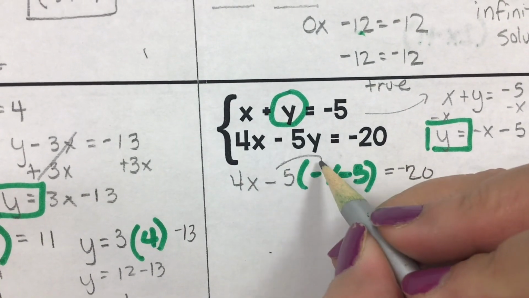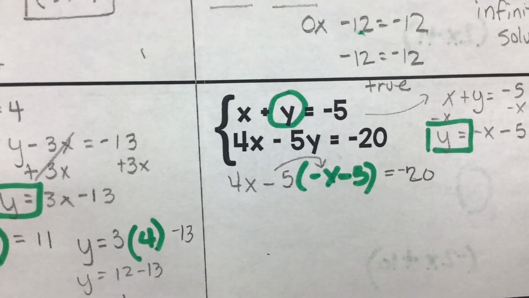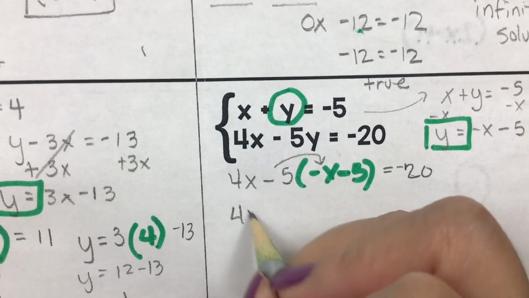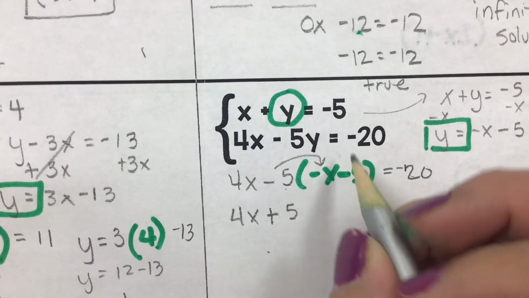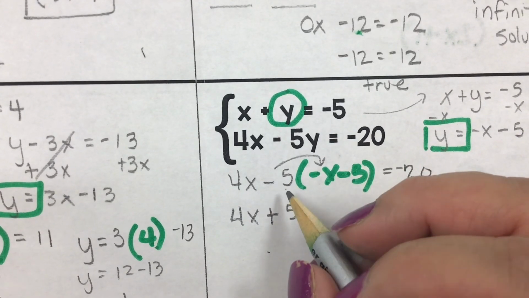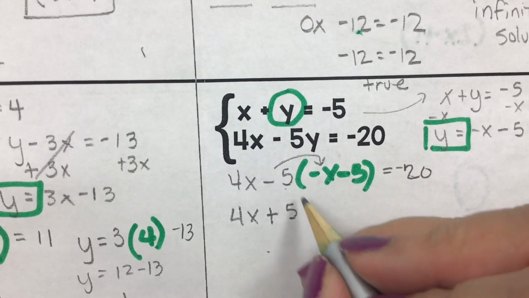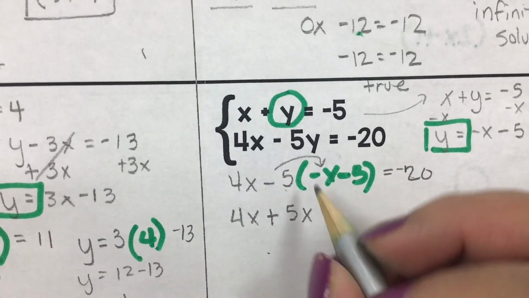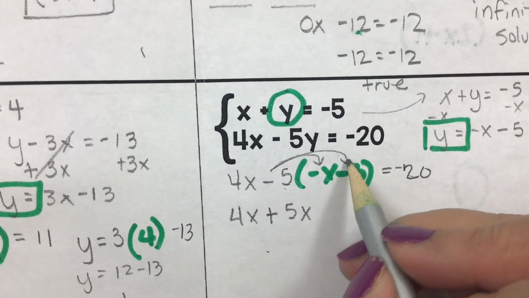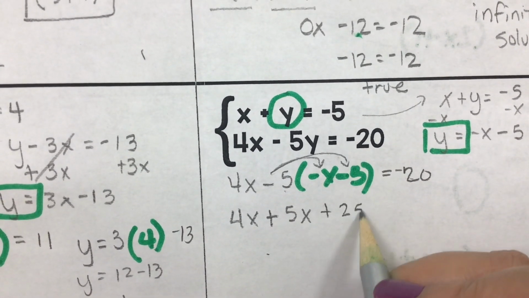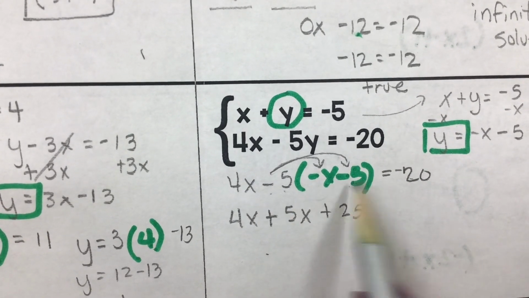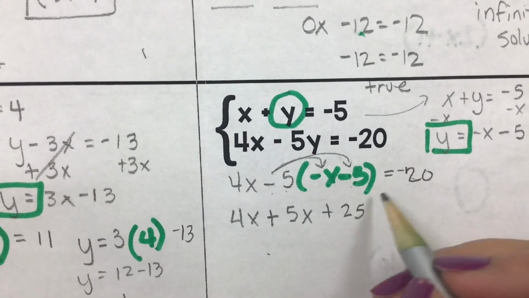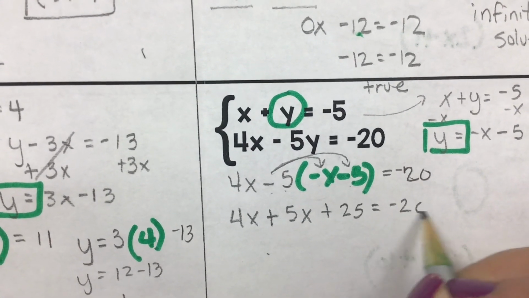I'm going to do -5 times -x. 4x minus 5, it's going to be a plus because a negative times a negative is a positive. Positive x, and then a positive 25, because -5 times a -5 becomes a positive 25. And that's equal to -20.